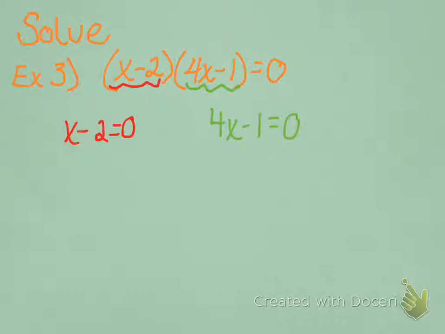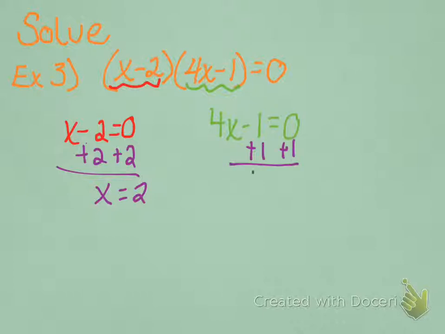Now you're just going to solve both of these like normal equations. On this first one, if you're trying to get x by yourself, you're going to add 2 on both sides. And you have x equals 2. On the second one, you're going to add 1 to both sides. You have 4x equals 1.